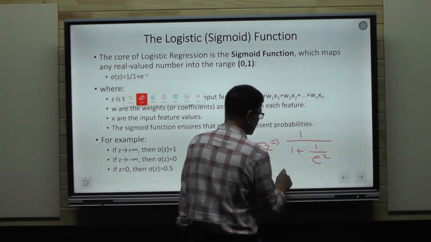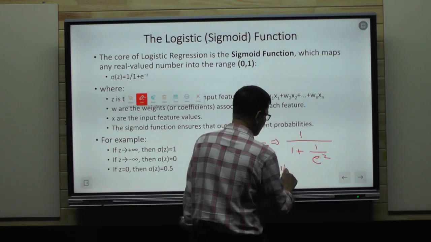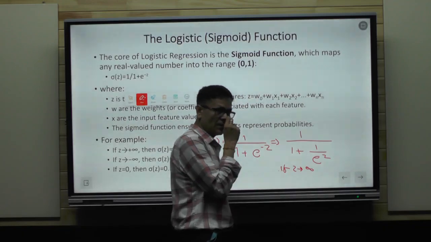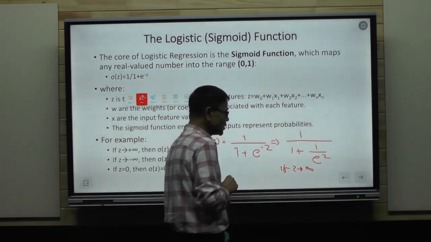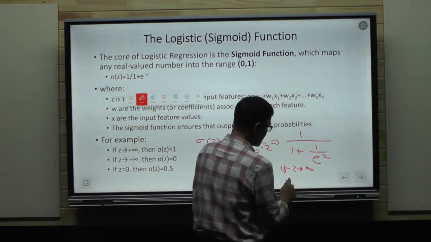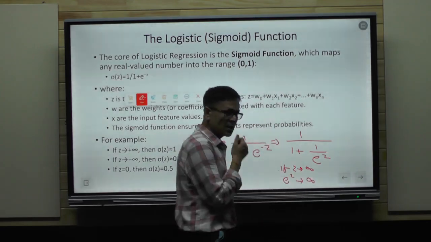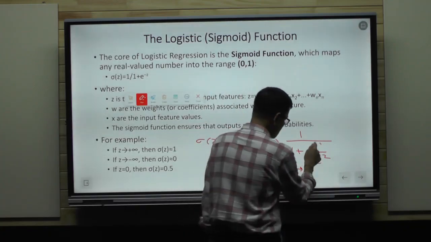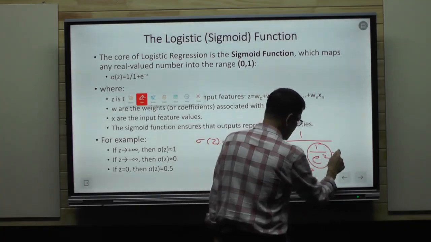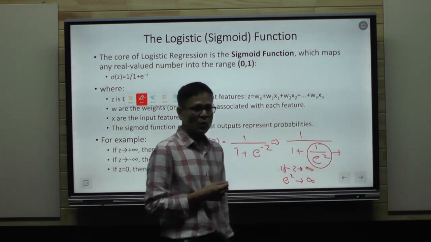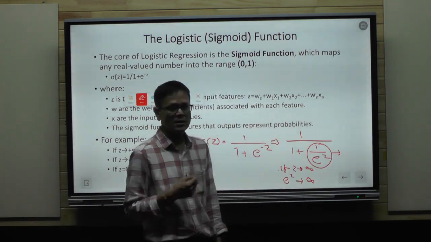Obviously, if z is moving towards infinity, a very large number, e to the power z will also approach infinity. So this fraction will be limited and move towards 0.